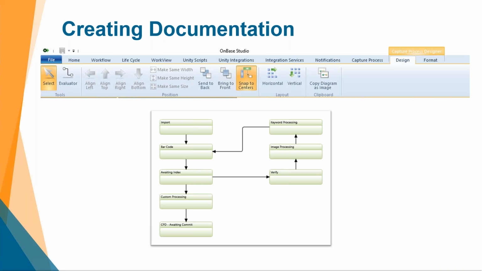This allows you to take a screenshot of your capture process design and drop it directly into documentation, and it clears up any of the clutter that you may have from the background grid or other elements that you don't want in your documentation.